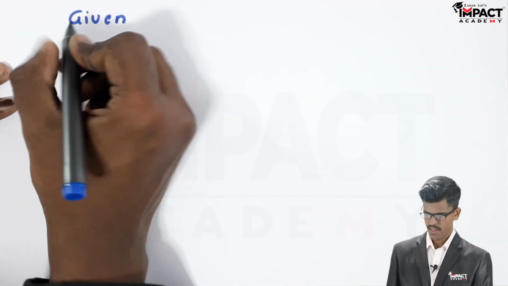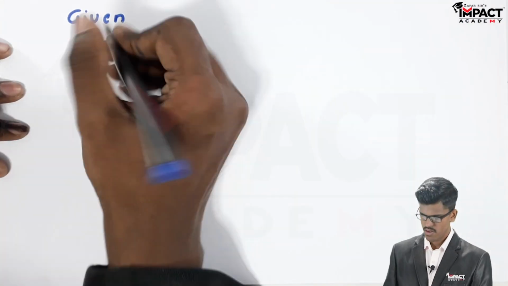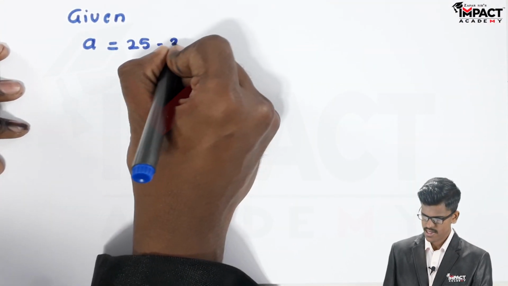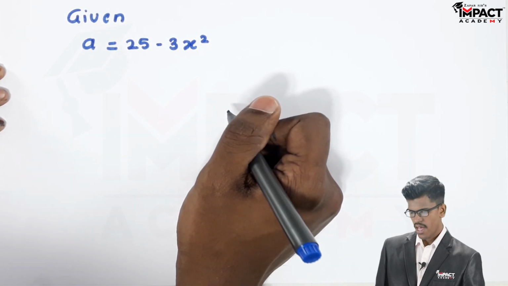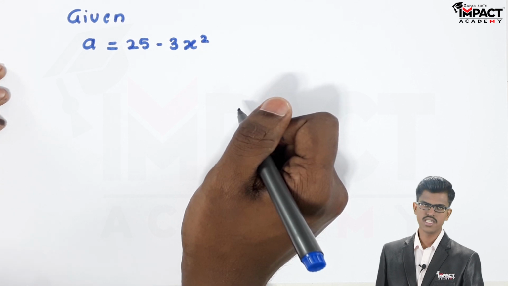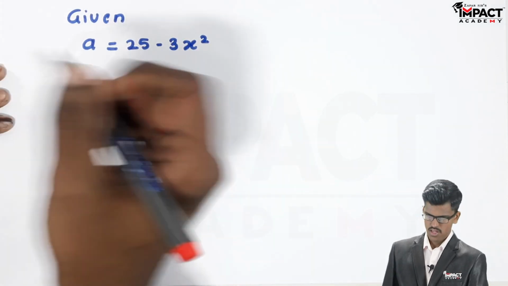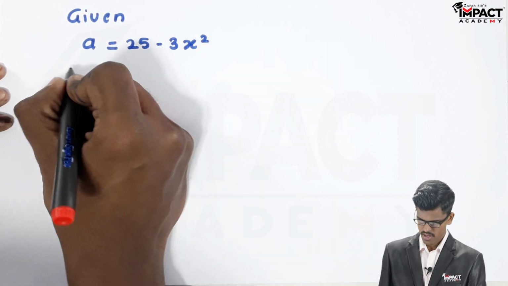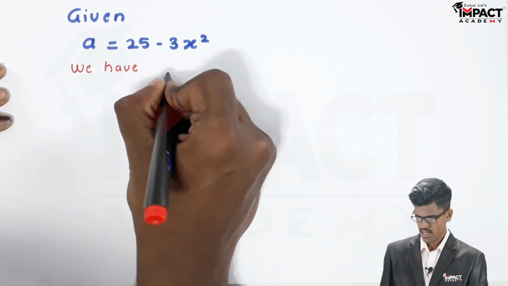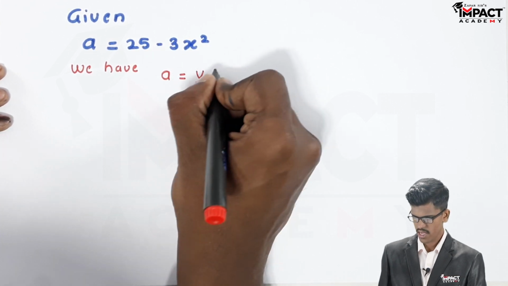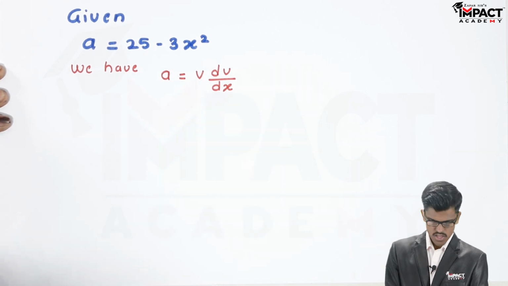Given a = 25 - 3x². We have to determine the velocity. From acceleration to velocity, we have to integrate. We have one formula, a = v dv/dx.